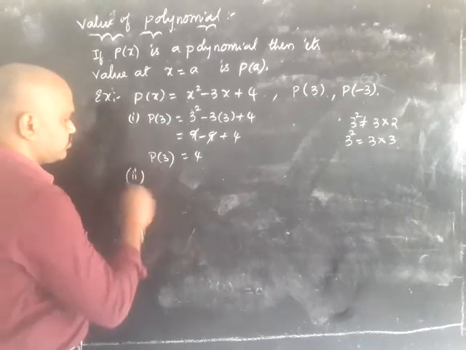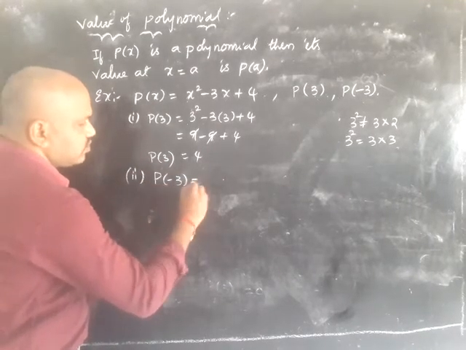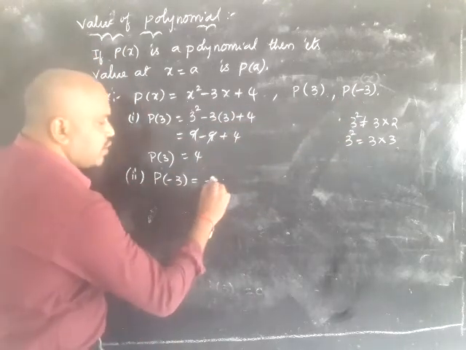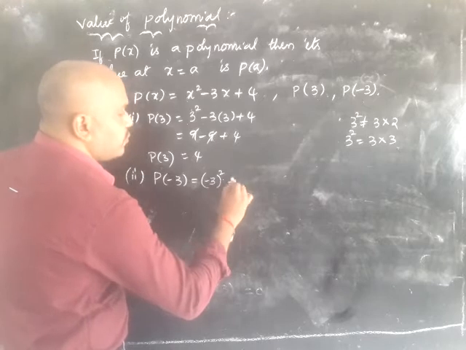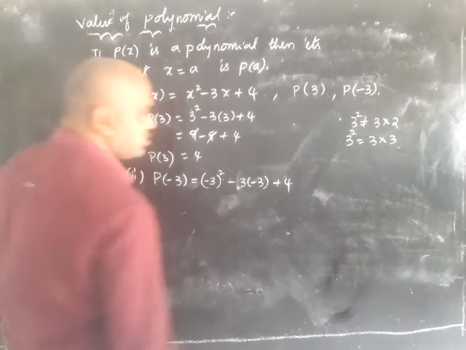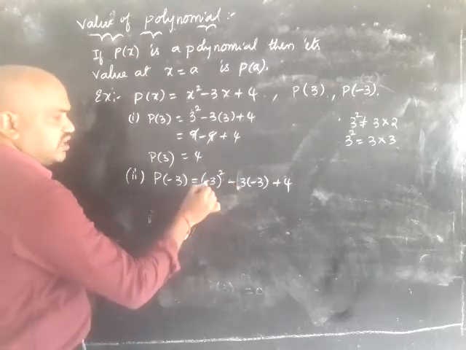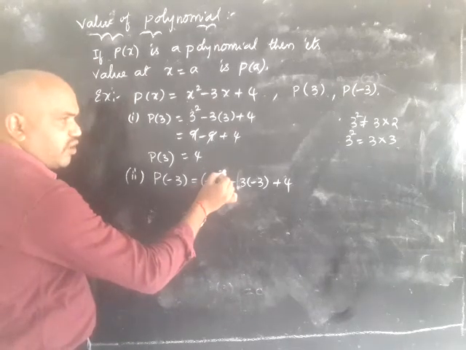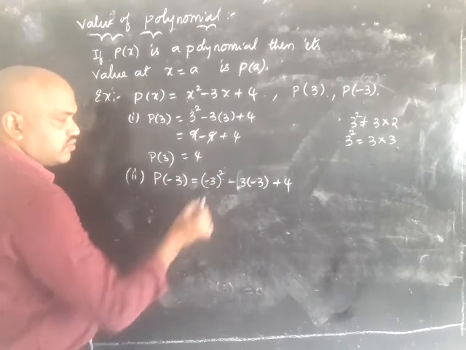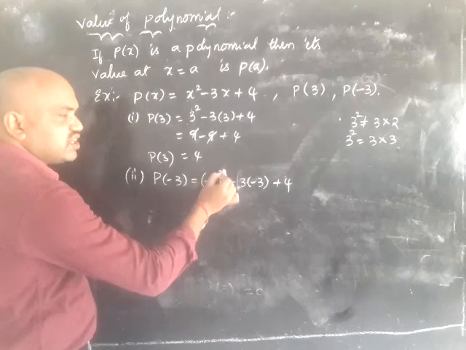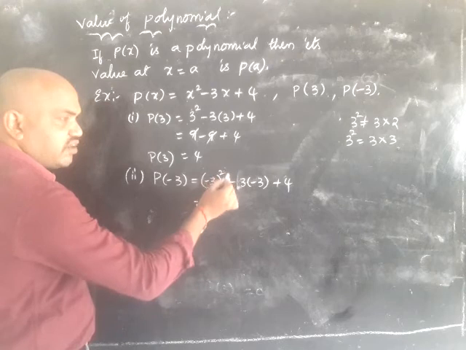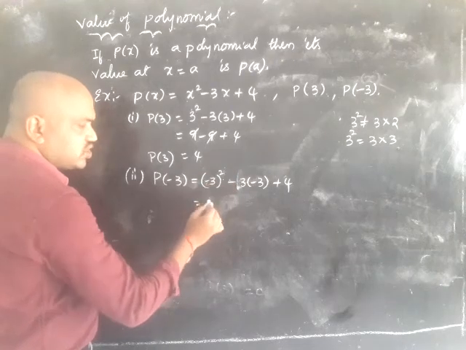Second one, p of minus 3. So wherever the x is there, replace with minus 3. Minus 3 whole square minus 3 into minus 3 plus 4. Minus 3 square: here it is negative and the power is even, so the negative square will become positive. If the power is odd, the negative will remain negative, but the power is even here, so it becomes positive.